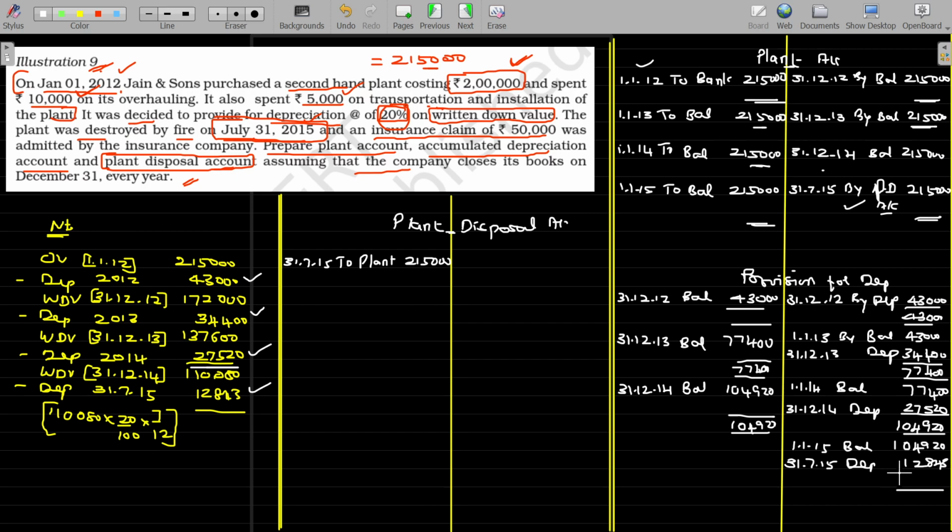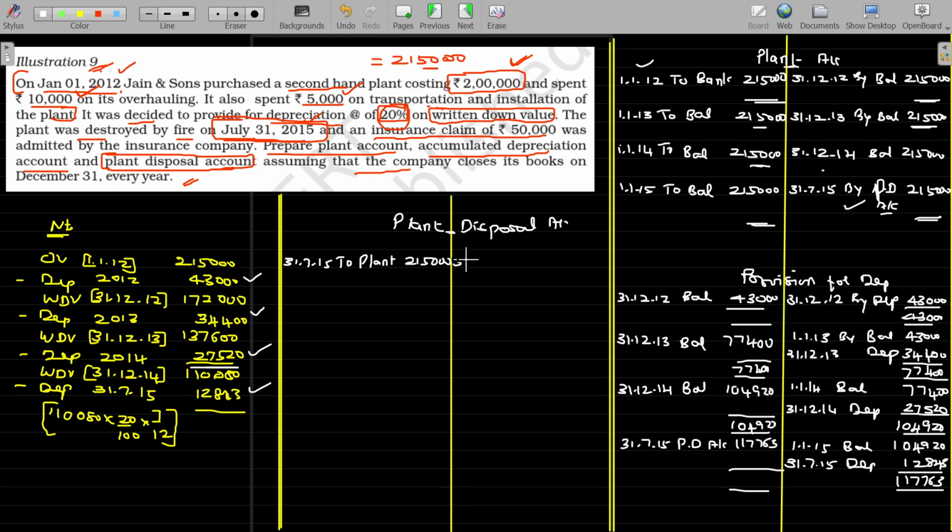Now if you total this, the total value being 1,17,763. Now, whenever the asset is sold, automatically the accumulated depreciation on the asset sold will be transferred to the plant disposal account. That asset disposal account, 1,17,763, goes to the plant disposal account on the credit side.